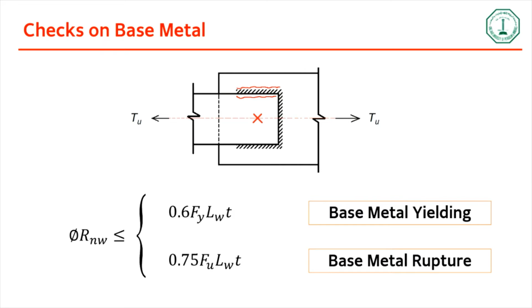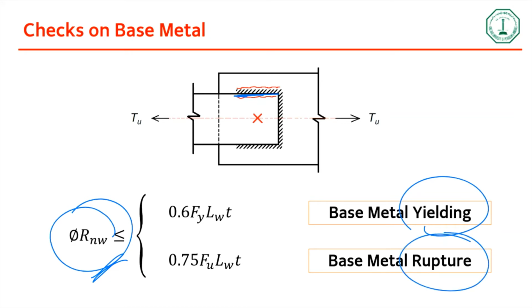So the strength of the weld should be less than two of these things: base metal yielding and base metal rupture.